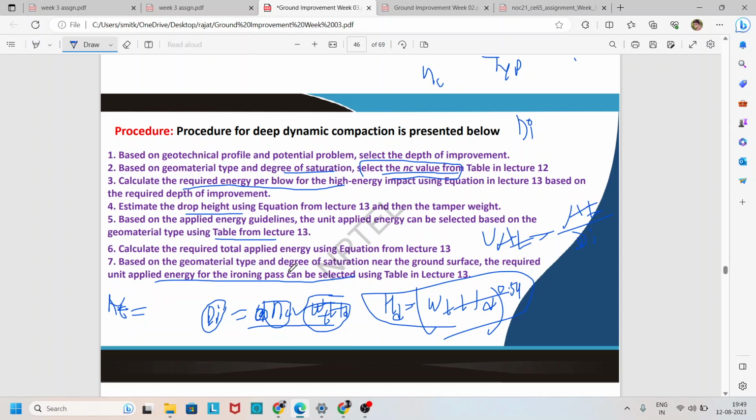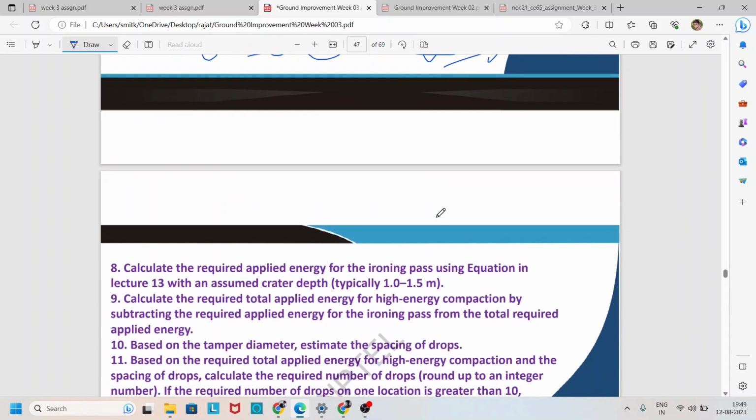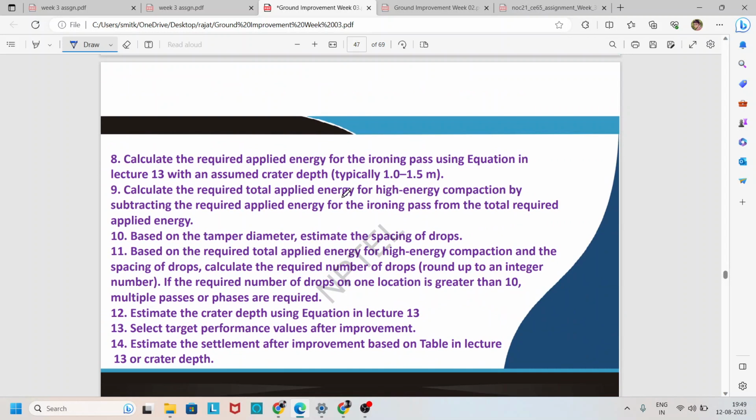So first we find out the applied energy for ironing pass. Then if we subtract the applied energy for ironing pass from the total applied energy, we can easily find out the applied energy for heavy energy pass.